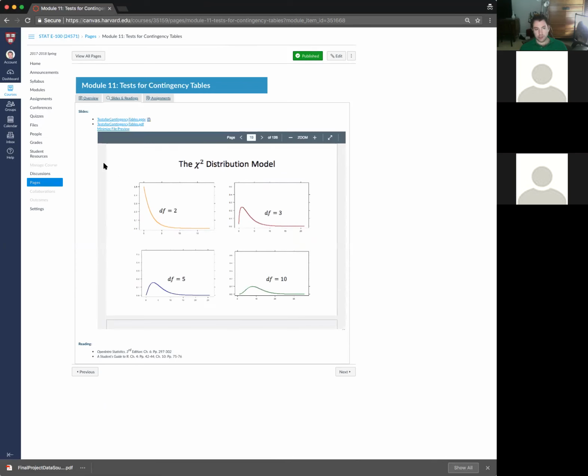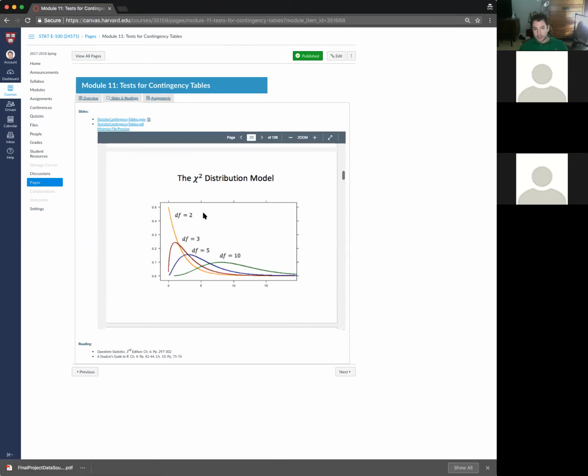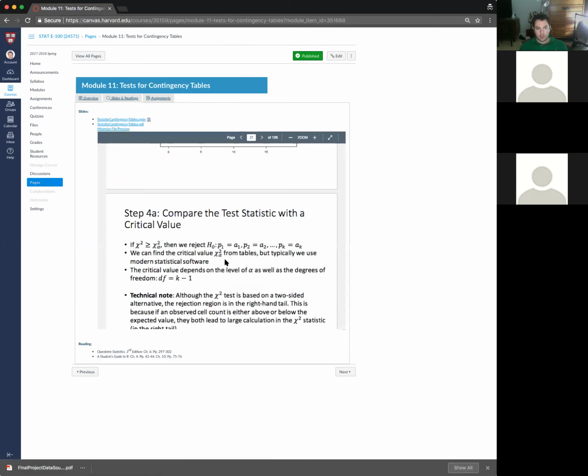So since there's degrees of freedom of 2, the chi-square distribution model will fit on this shape. As you can see, the chi-square distribution will change accordingly as you increase your degrees of freedom. And this is just all those different chi-square distributions plotted on the same axes.